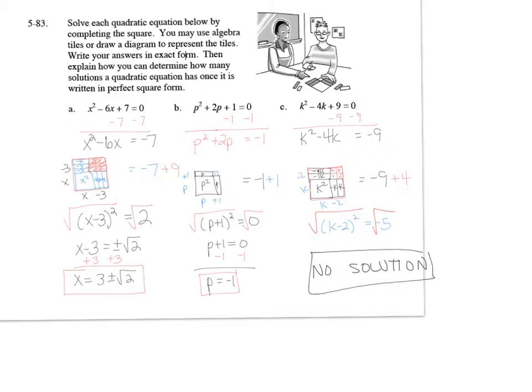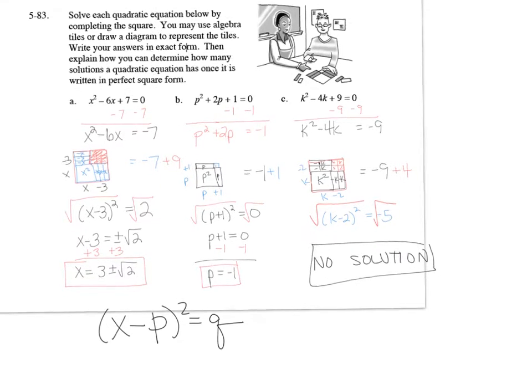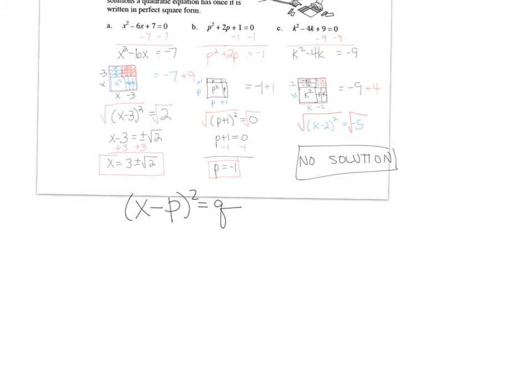All right, so the general form of a perfect square quadratic equation is x minus p squared equals q. So what you could say, like a nice formal mathematical way to say this, is if q is greater than 0, that means if it's positive, then the quadratic has two solutions.